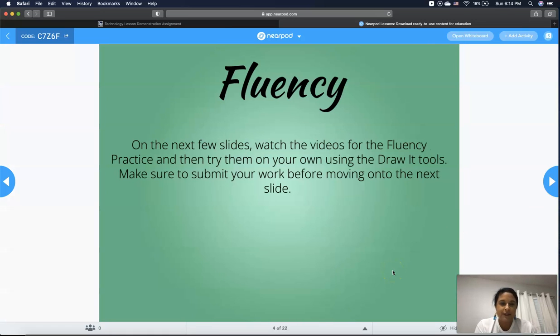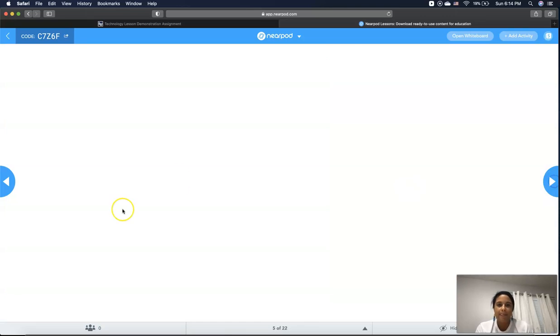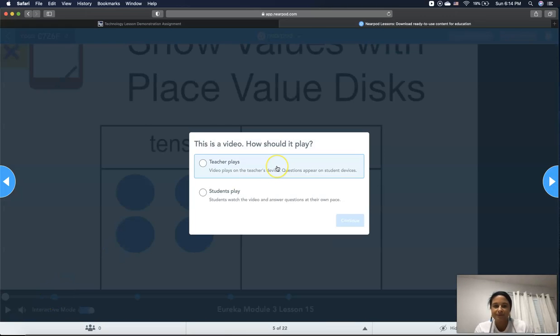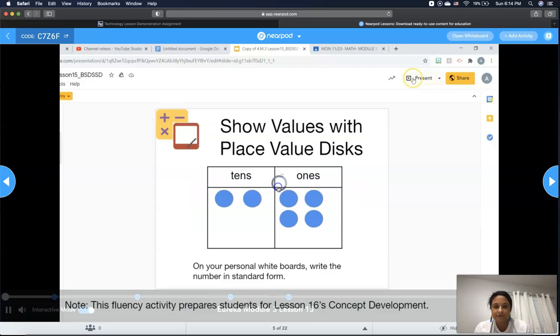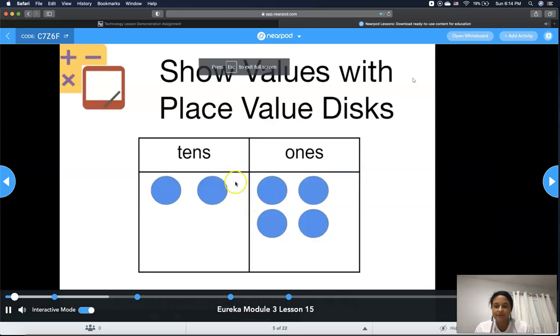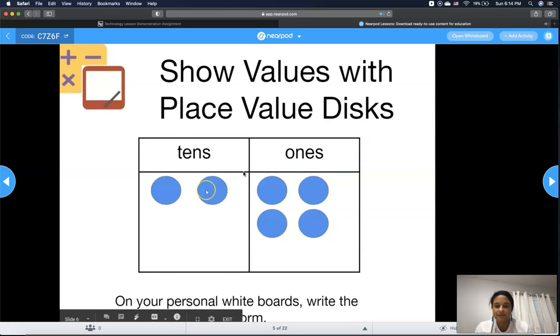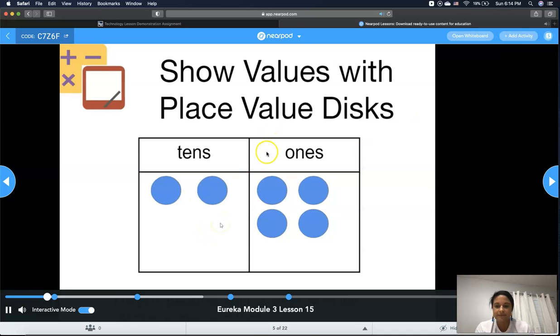Now we're going to go into our fluency practice. On the next few slides, you're going to see our fluency, so make sure that as we're going through and it stops, you are doing the activities associated with it. On your personal whiteboards, write this number in standard form.